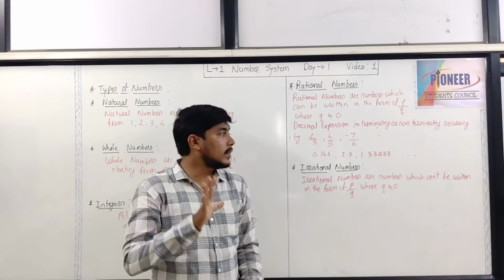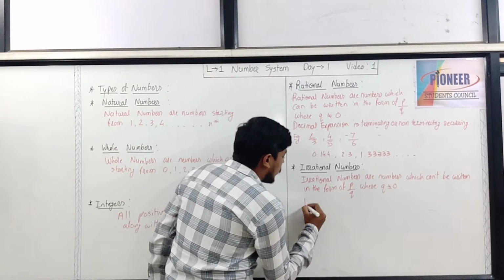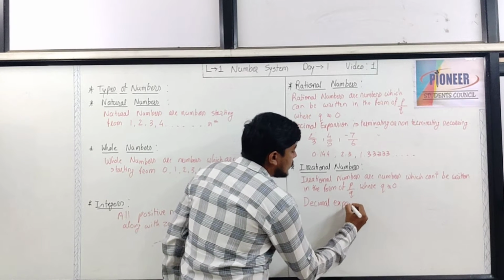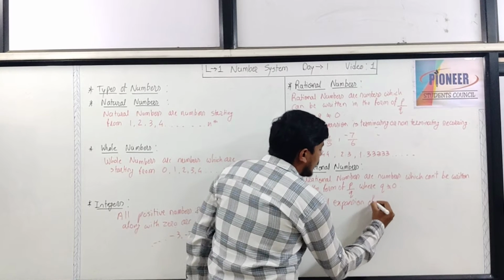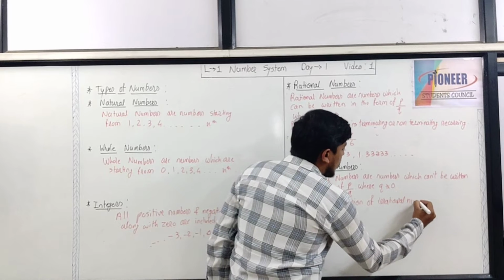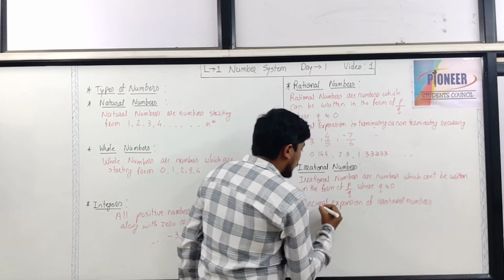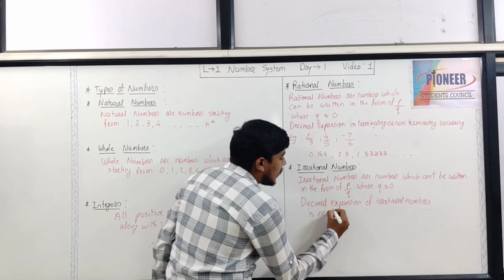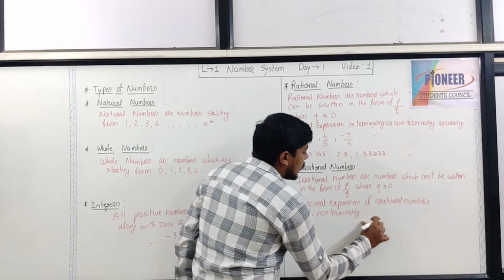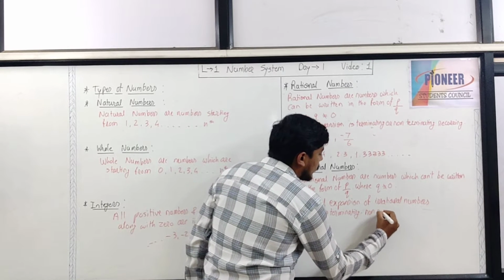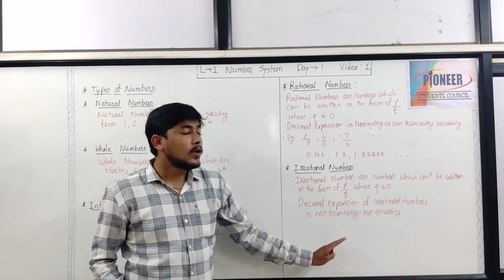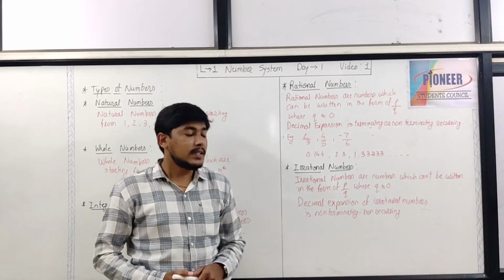Then, if we look at the decimal expansion of irrational numbers, it is non-terminating, non-recurring. What does non-terminating, non-recurring mean?